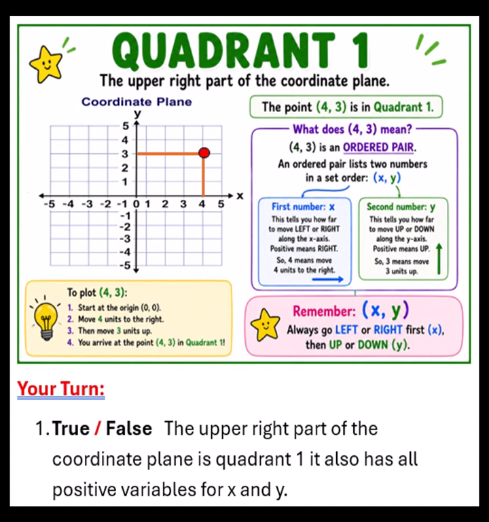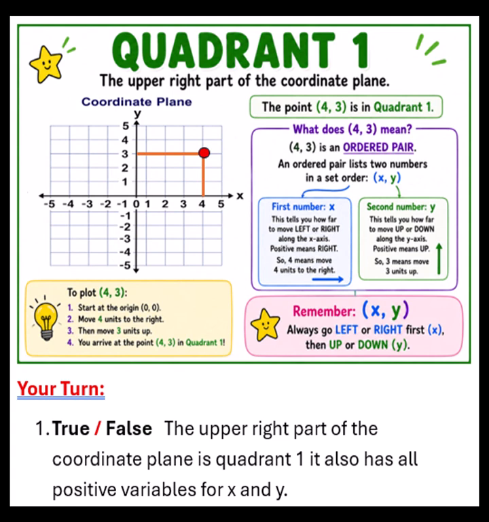Let's speak about the first number, x. x tells you how to move. It's going to tell you whether you're going to go left if it's negative or right if it's positive along the x-axis. Positive numbers move right, so 4 means move 4 units to the right. The second number is y.